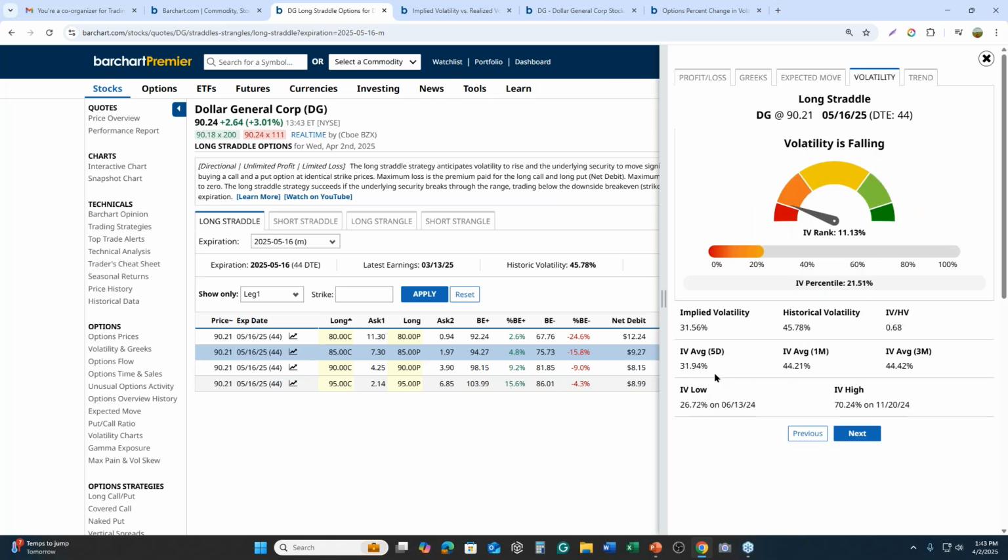If I'm looking at implied volatility around 31.5 and my historical is 45, maybe I can anticipate a rise in my implied volatility by about 14 points. Now, remember that number, 14 points.